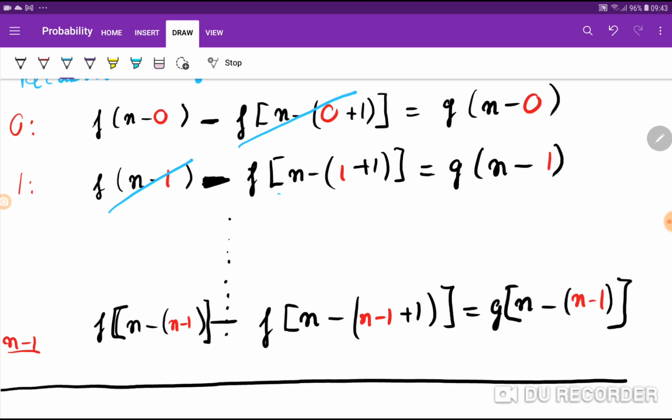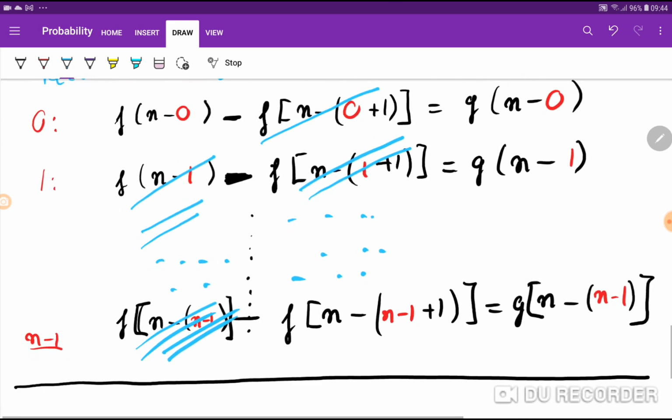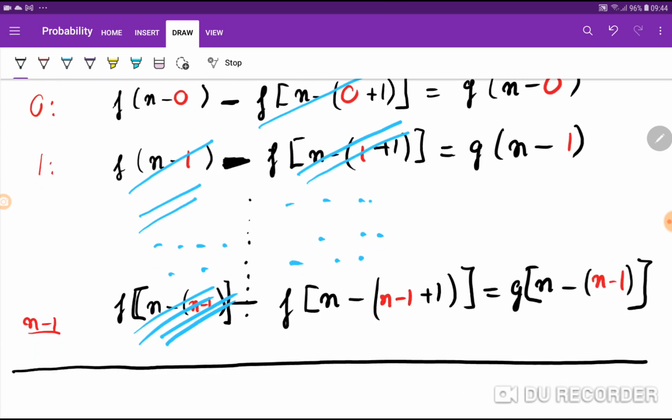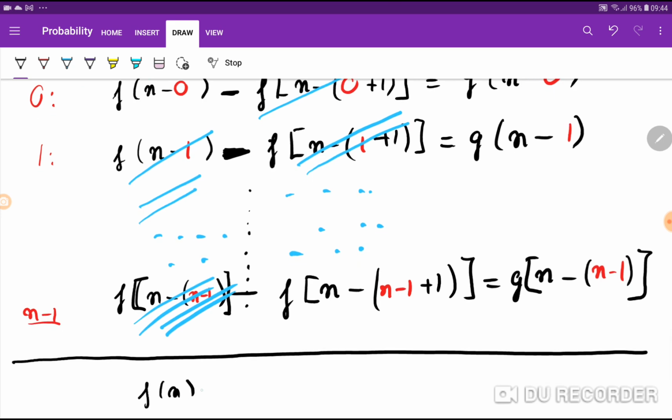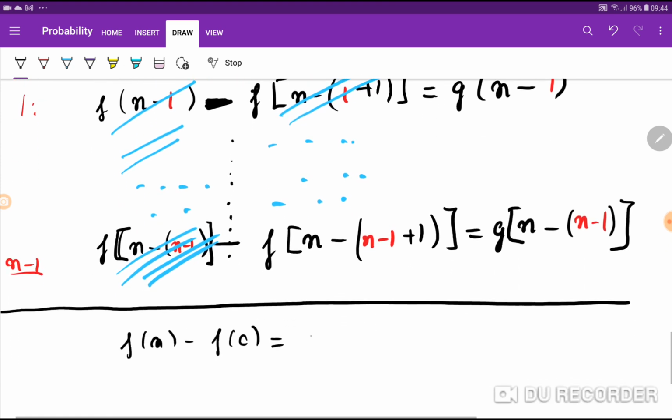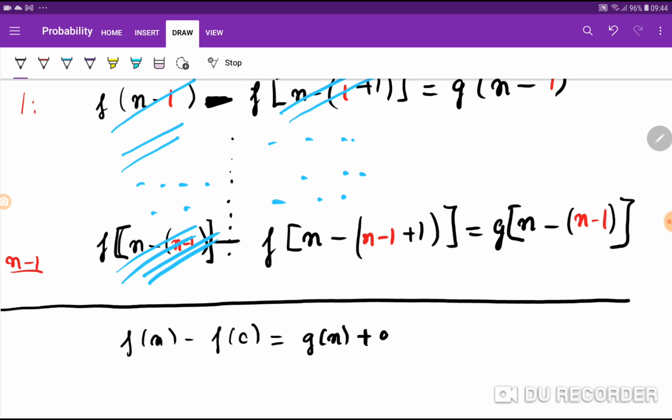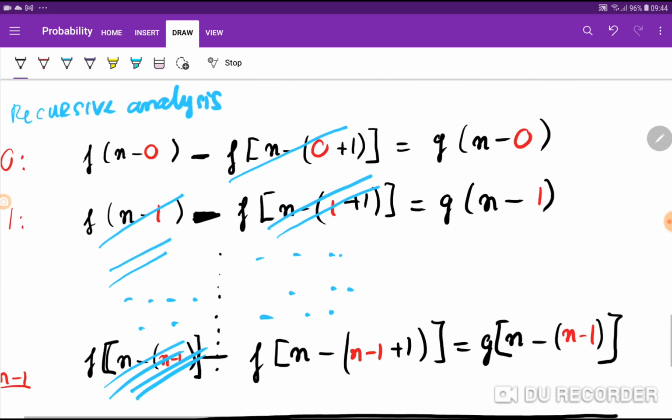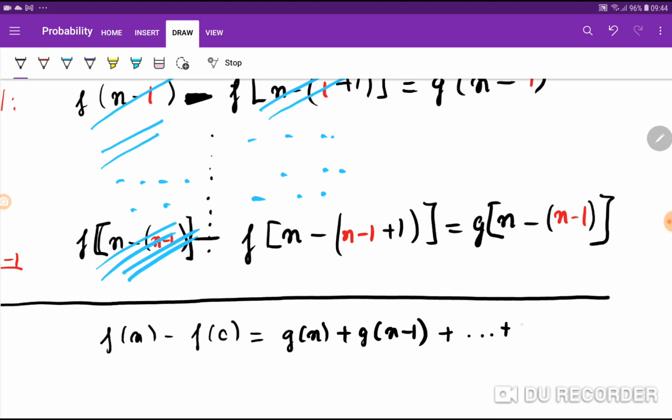And then this one cancels out, then this cancels, then this one cancels, and then what is left is this one. So if you add all of them like that, you have f_n minus f_0 equal to g_n plus g_(n-1) and so on the way to g_1, right?